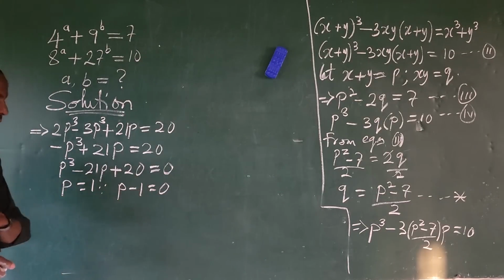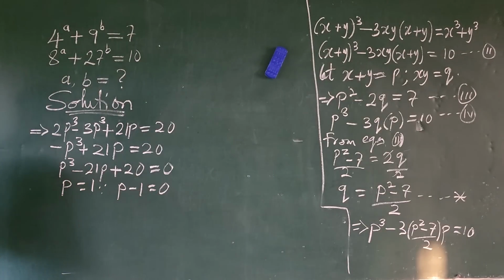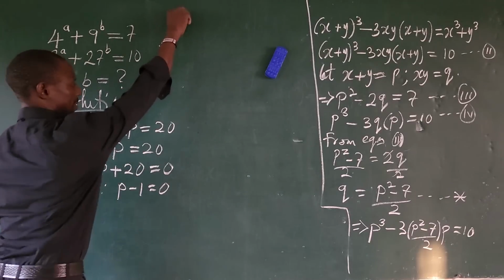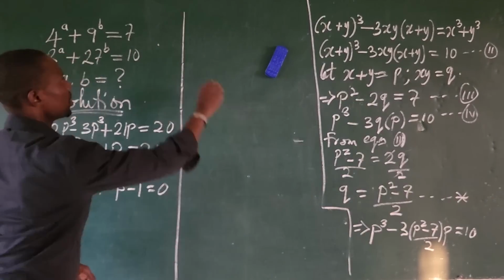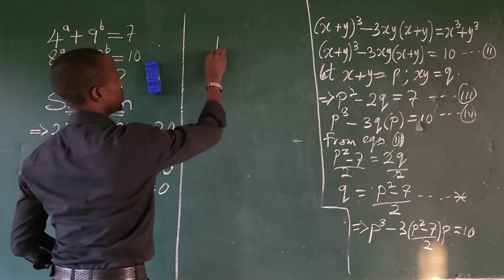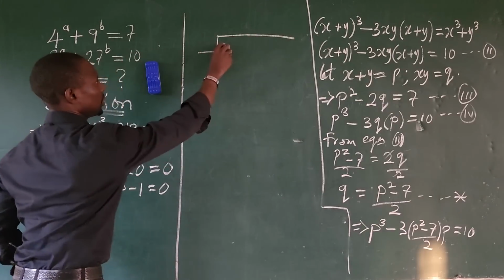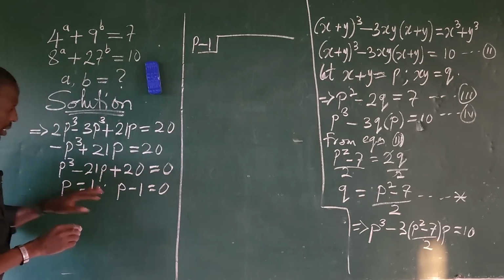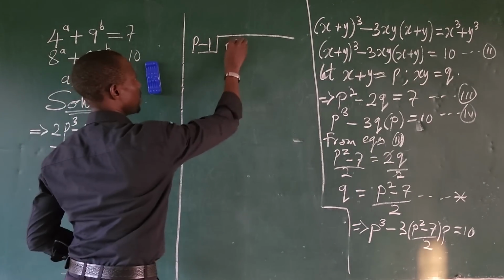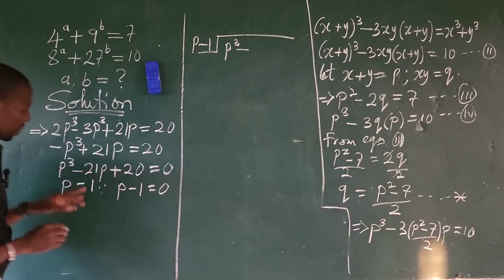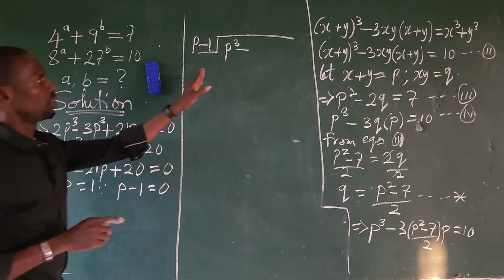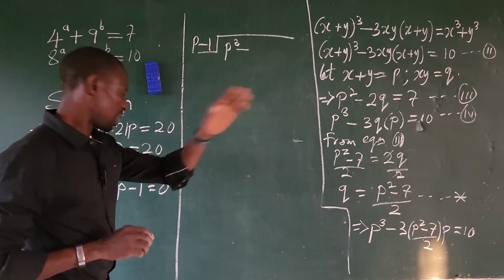So how do we now get the other two factors? I'm going to use the long division method to get the other factors from here. So let's continue on this side. Here we have our long division method. We have p minus 1 into our p to the power of 3, then minus, now we don't have p to the power of 2, but I want to introduce p to the power of 2 to get a uniform division.